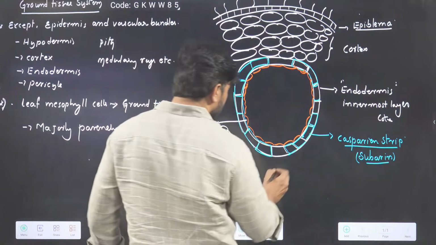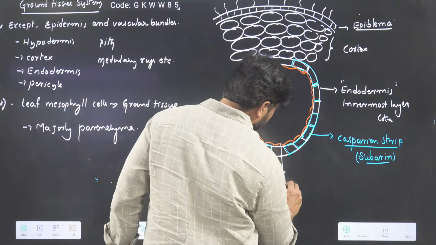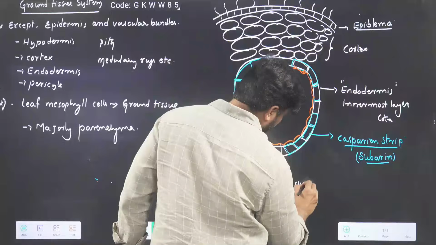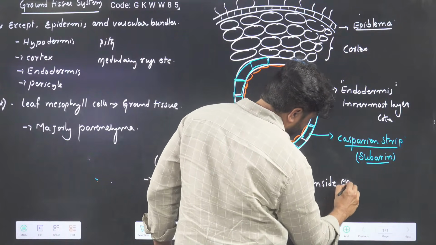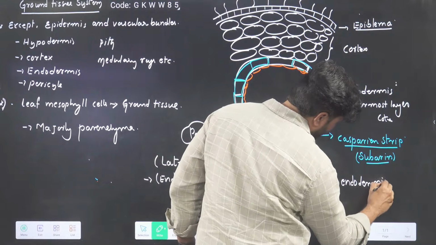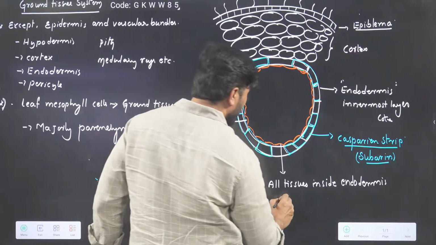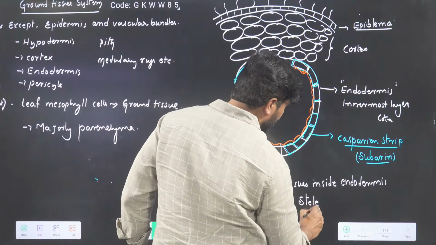Then go to inside. Here is one word you should know. All the tissues inside the endodermis have a name called stele. Not that steel.